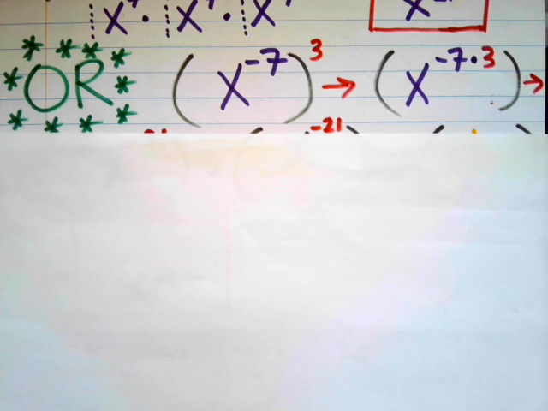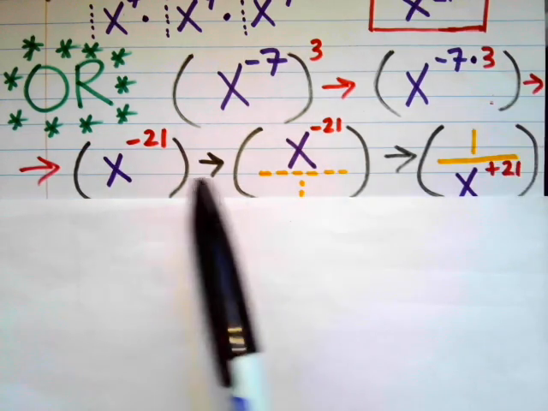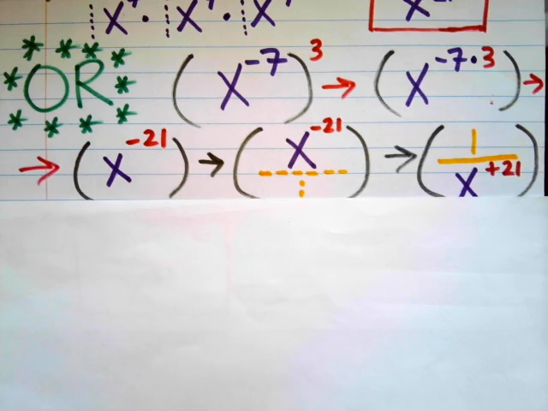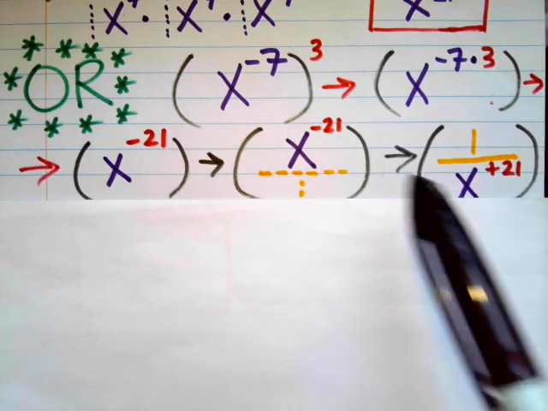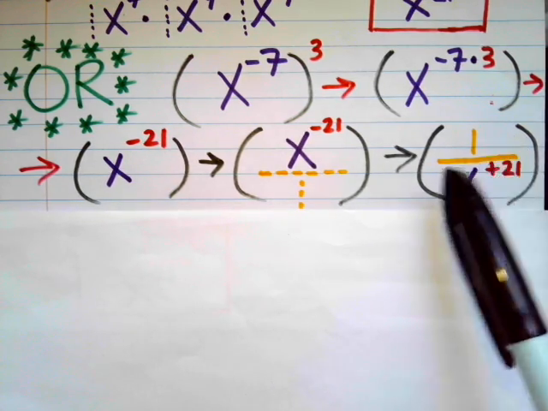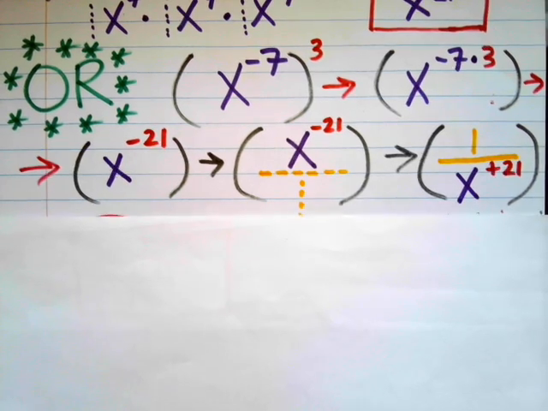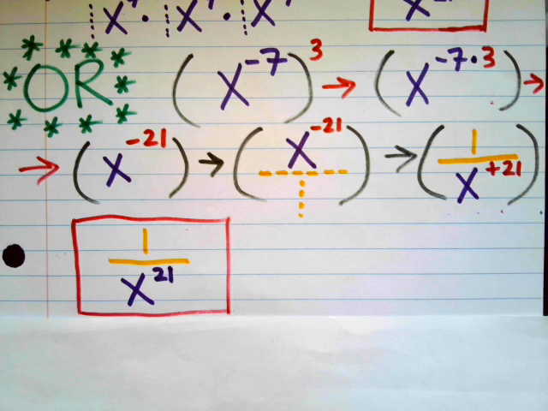And in the next step, I want to make sure I'm showing you negative 7 times 3 is x to the negative 21st power. You show that invisible 1 in that next step. You flip that fraction, and now you have 1 over x to the 21st power. Okay, so again, there are multiple ways to solve the same problem.